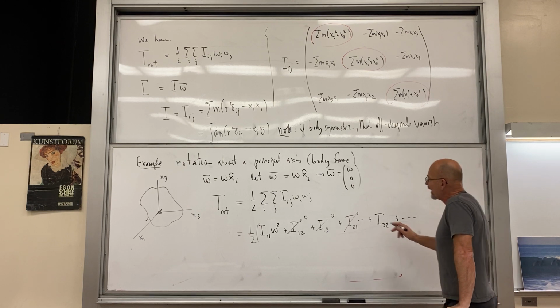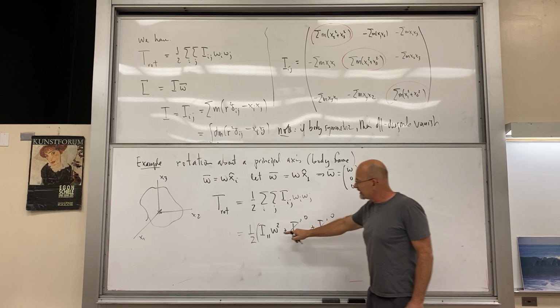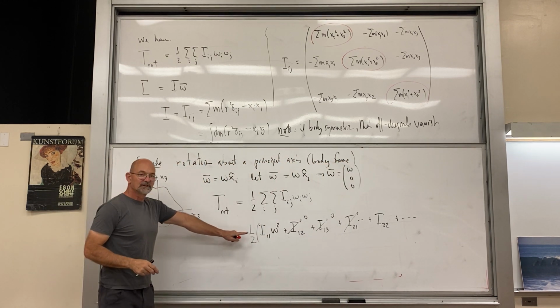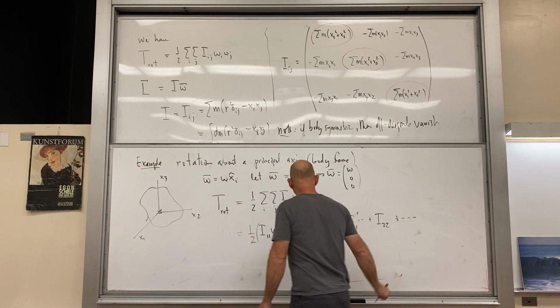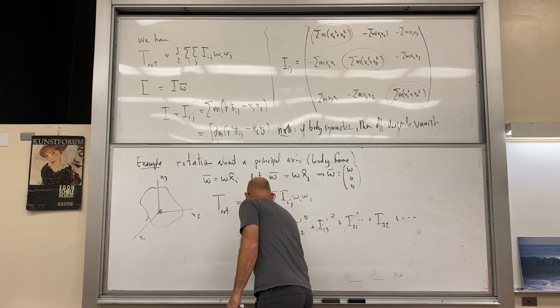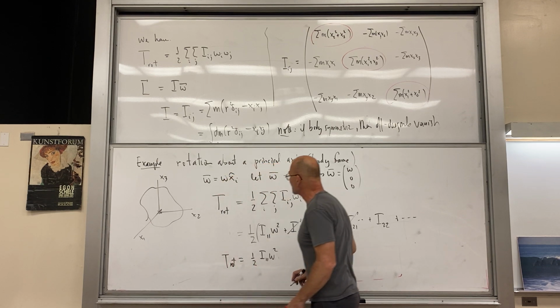So this is how it should be, right? All of these vanish, and since we were saying rotating about this one axis, this is the original kinetic energy definition. Okay. So all that complication goes away, and we're just left with 1/2 I11 omega squared. Okay.